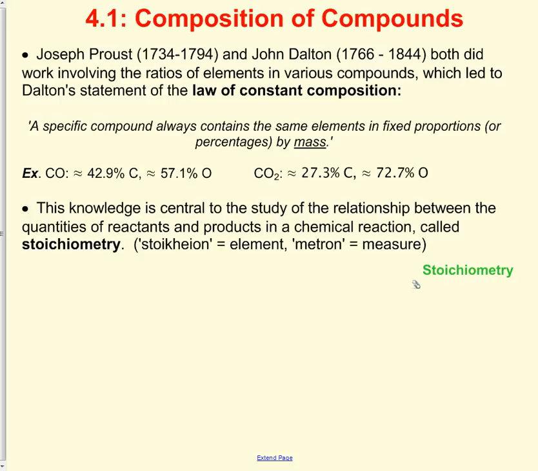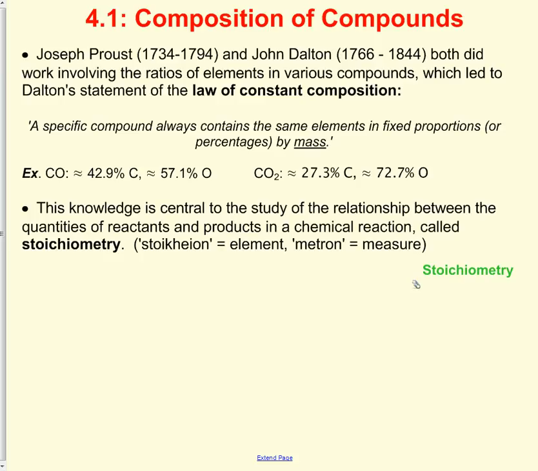So in the case of carbon monoxide, the proportion is about 43% to 57%, and in carbon dioxide it's a little bit more of a divide. It's about 27% to 73%. Now those numbers, we could determine those percentages mathematically if we were to look at the periodic table.